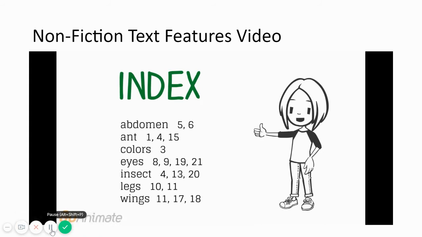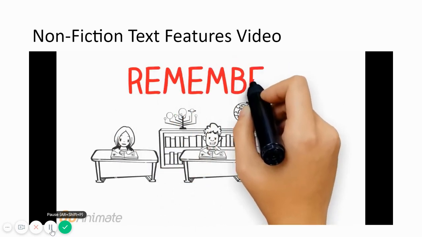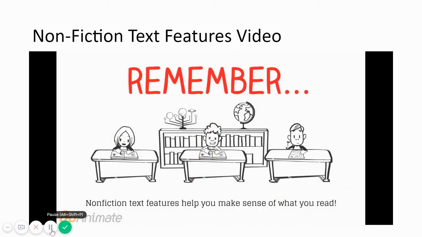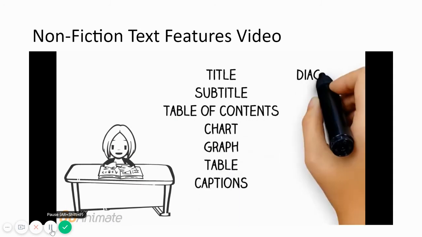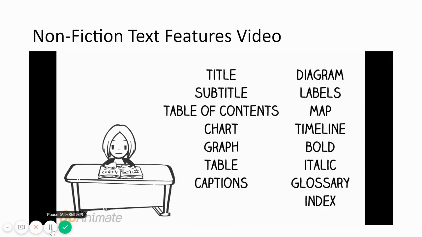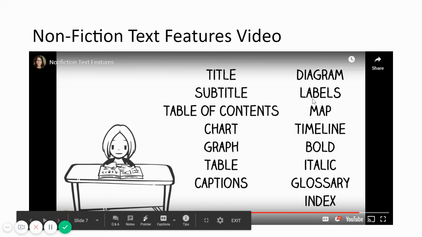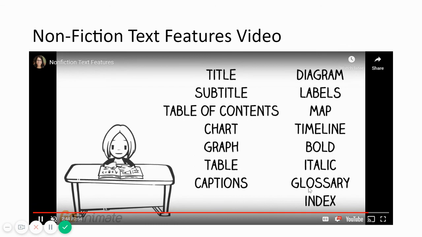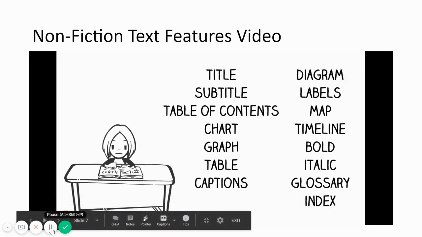Words in the index are listed in alphabetical order. Nonfiction text features are the things found in nonfiction materials that help you make sense of what you read. Let's look at the text features we've learned so far. Title, subtitle, table of contents, chart, graph, table, captions, diagram, labels, map, timeline, bold, italic, glossary, index.